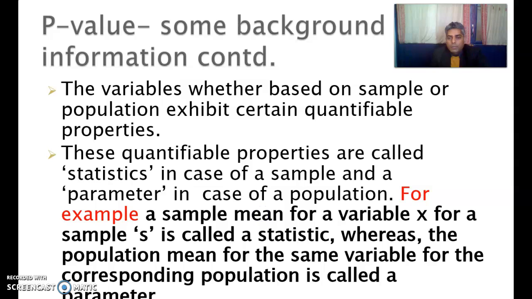Okay. Now these quantifiable properties, or the attributes that are being measured, are called variables, in terms of variables, right? And through variables, these quantifiable properties.